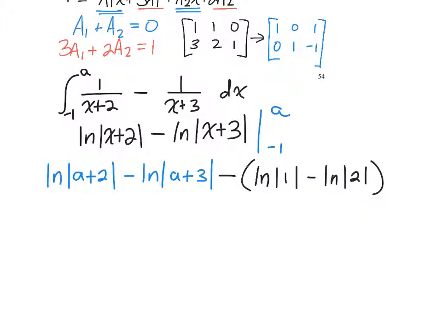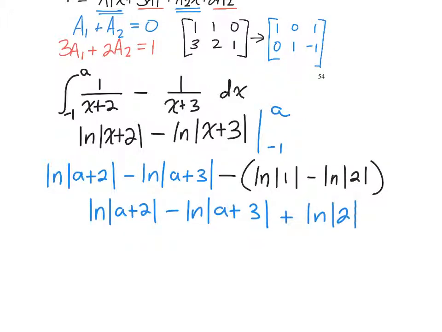All right, so not much cancels out. It's just the natural log of 1 goes to 0, so that's kind of helpful, I guess. ln of a plus 2 minus ln of a plus 3 plus ln of 2.